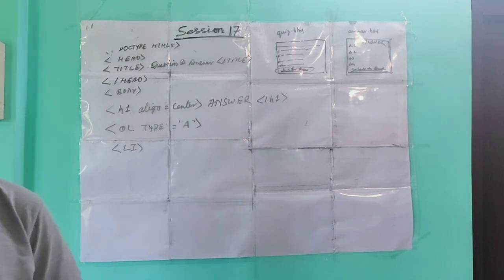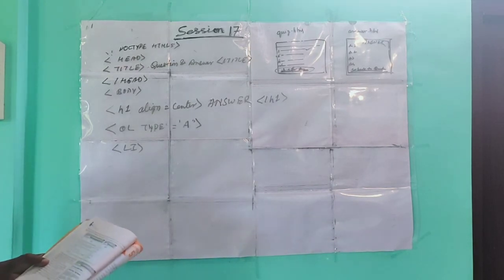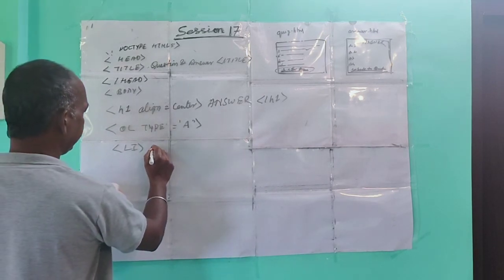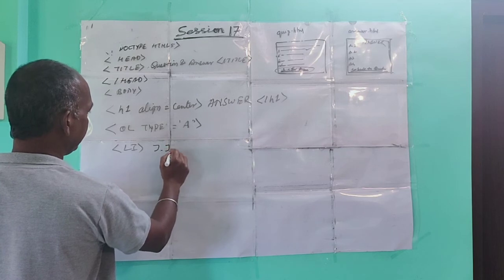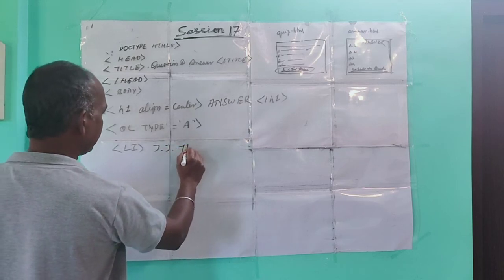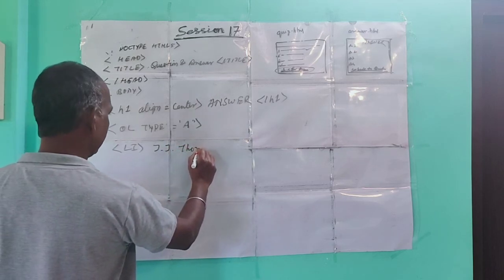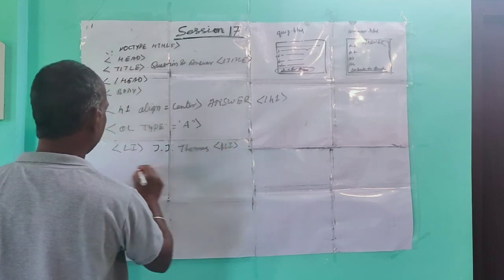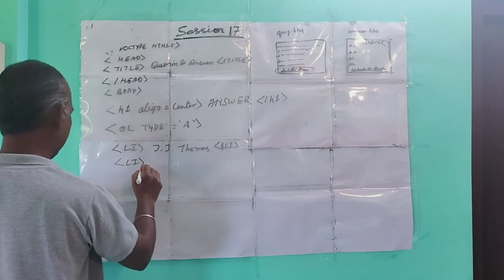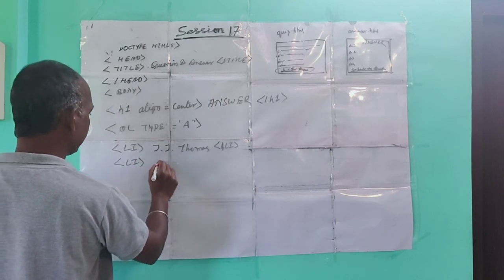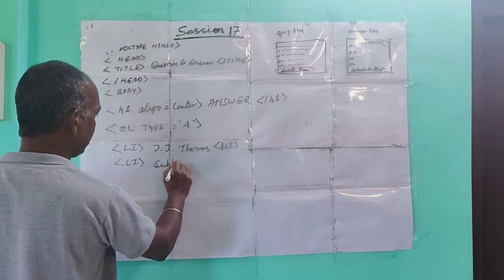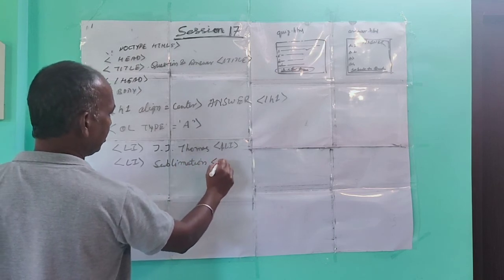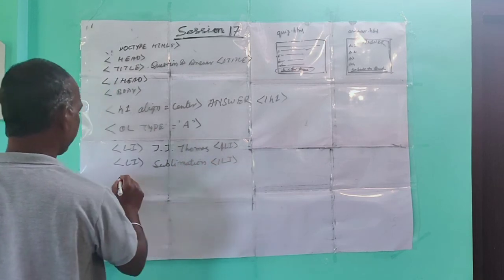For answer 1 you can write J.J. Thomas, close LI. Sublimation, and close LI.